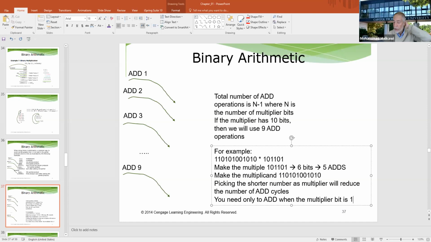If it's a 0, you just shift. If the next multiplier bit is 0, just do the shift.